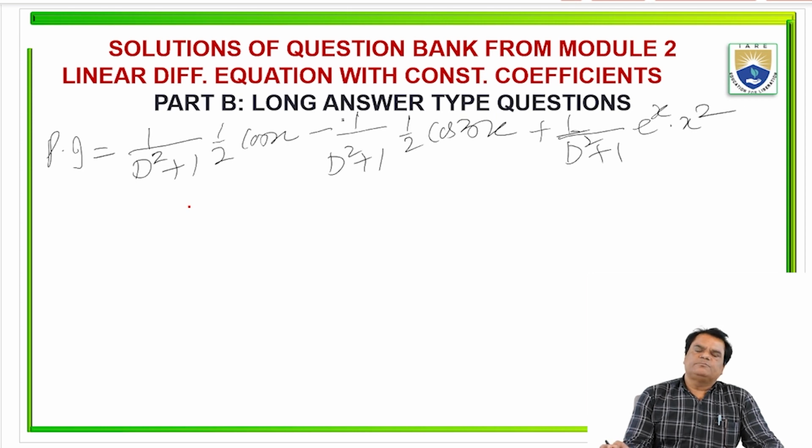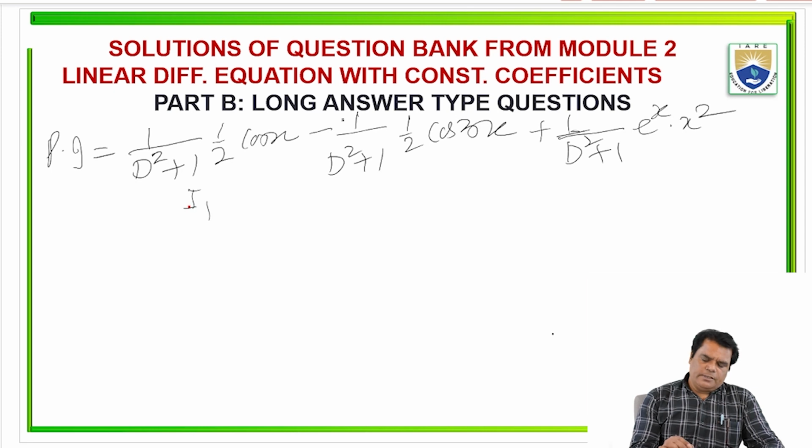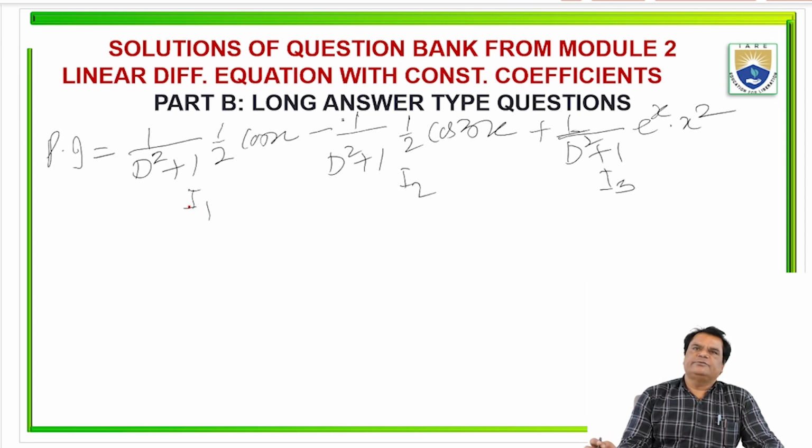Now this is I1, this is I2 and this is I3.